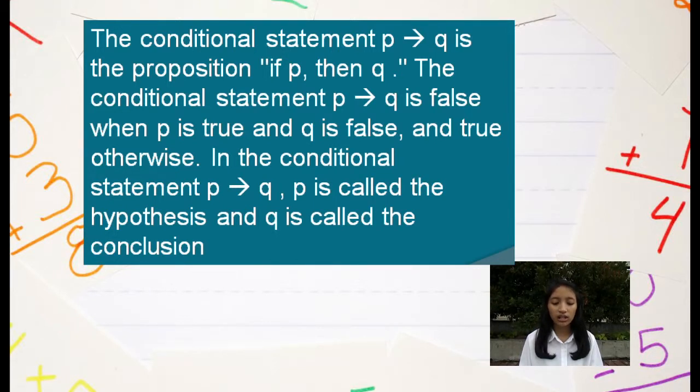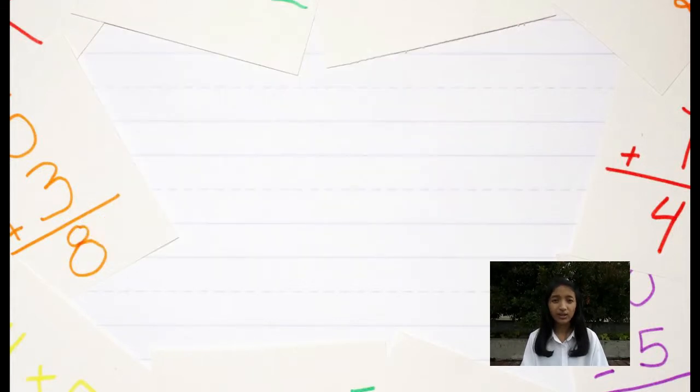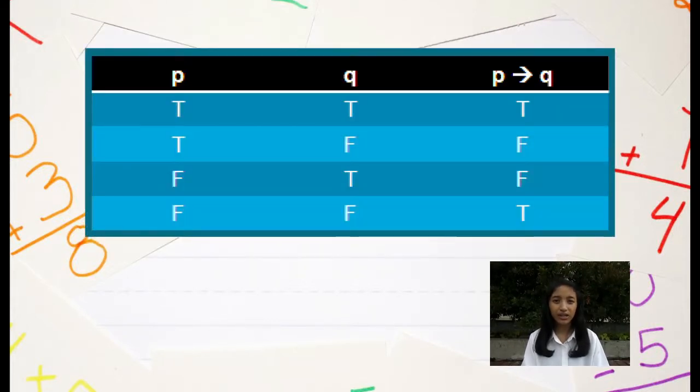In the conditional statement P implies Q, P is called the hypothesis and Q is called the conclusion. And the truth table of implication is like this.